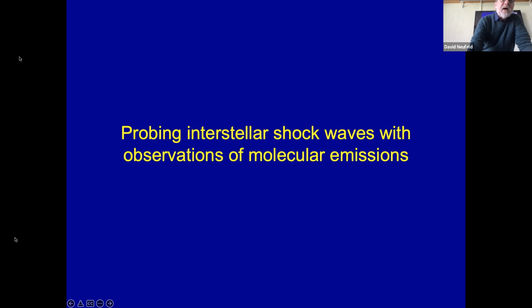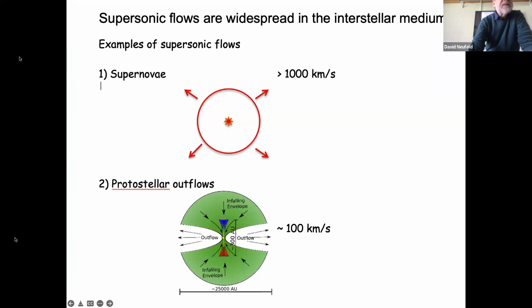So let me start by giving a bit of an introduction to this phenomenon of shock waves in the interstellar gas. The reason shock waves are important is that there are many phenomena in astrophysics that give rise to supersonic flows. The most dramatic example is the supernova explosions that happen at the end of the life of any star more massive than about 8 times the mass of our sun.